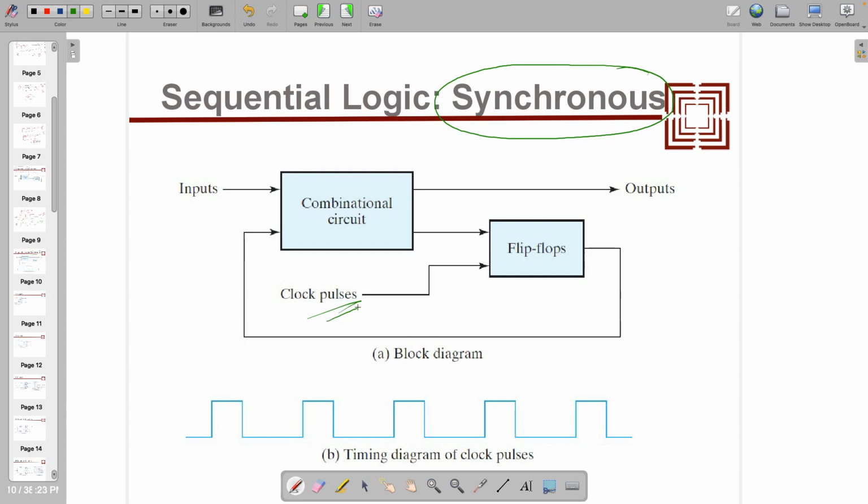Like if you have a computer, you might know that you are applying some clock from outside, it keeps on running, right? And it's connected to all the flip flops or all the circuits together, and it's triggering everything simultaneously.